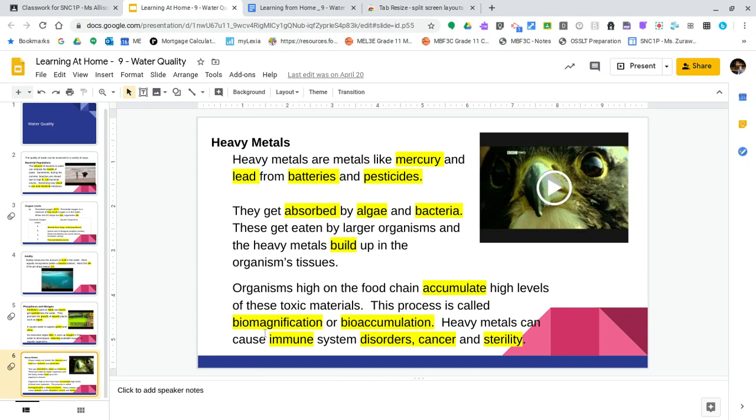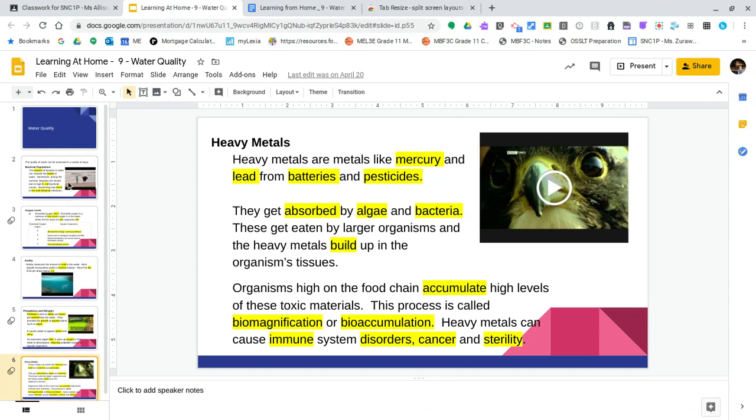So it begins to magnify sort of how much of that toxic substance is actually in the organisms that are at the top of the food chain. So what can happen here? It can cause immune system disorders, cancer, sterility, and there's a good little video there about that one.